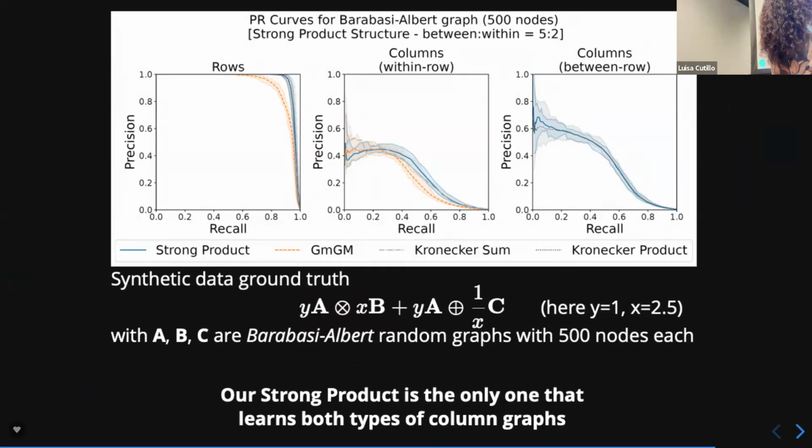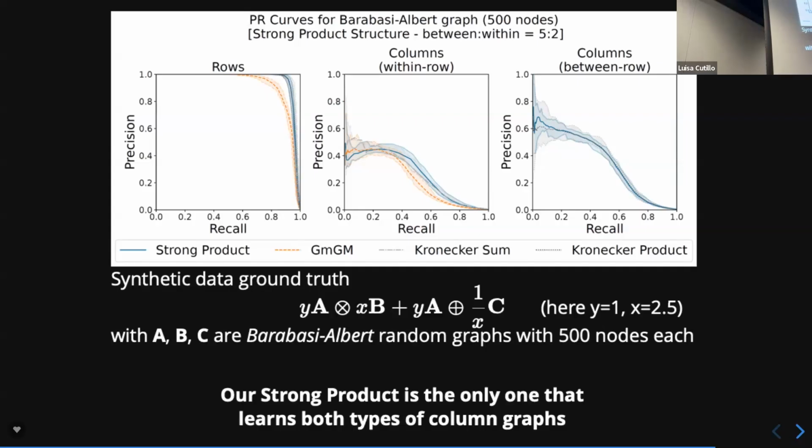But comparably with other approaches, that in this case is GMGM, we are the only one that estimates in one go three graphs: the one for the dependencies of the rows, and the ones that express within-row and between-row dependencies.